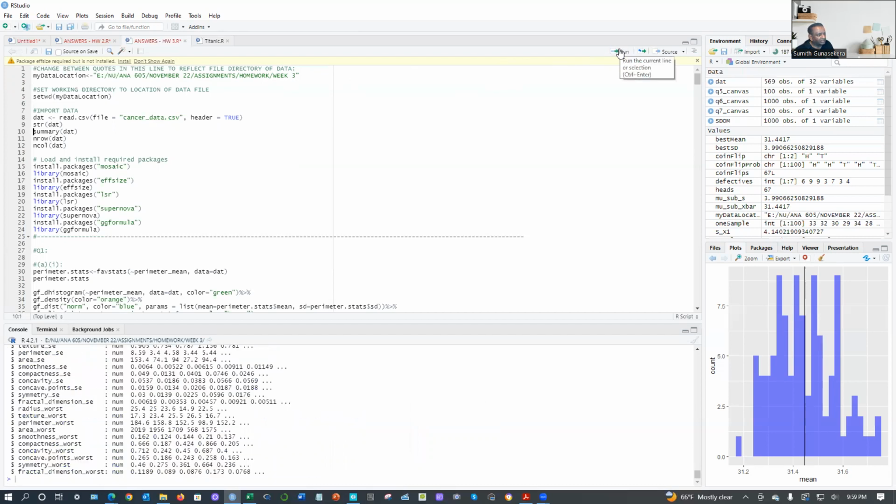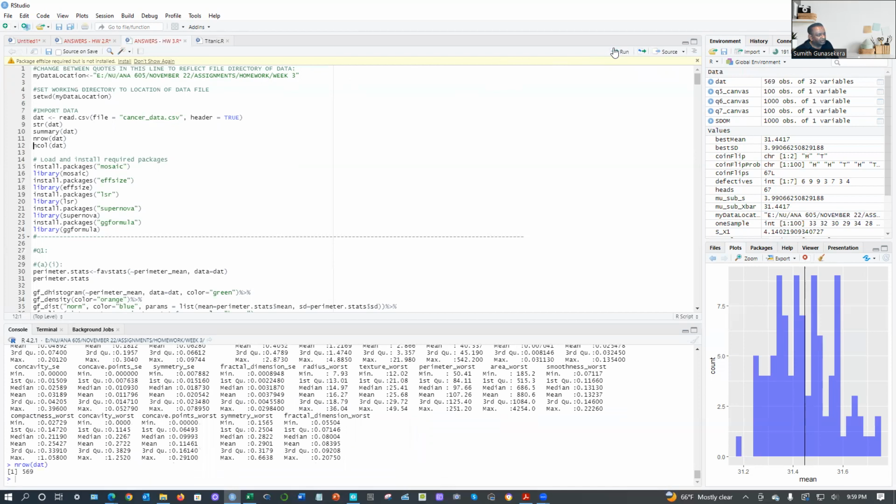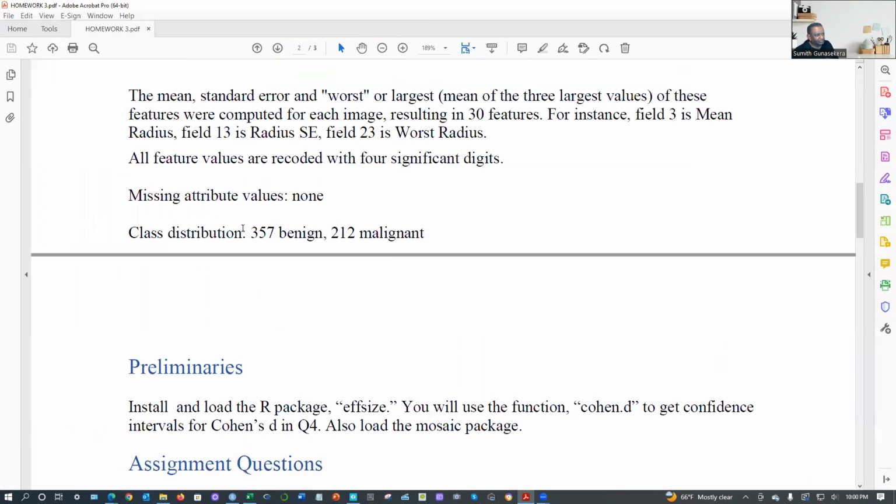Let's look at the structure and summary. Number of rows: how many patients? 569 patients. Out of 569, 357 have been identified as benign, healthy patients, and 212 malignant, disease patients.